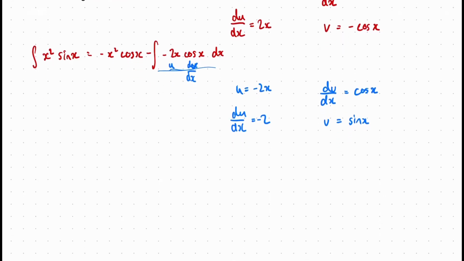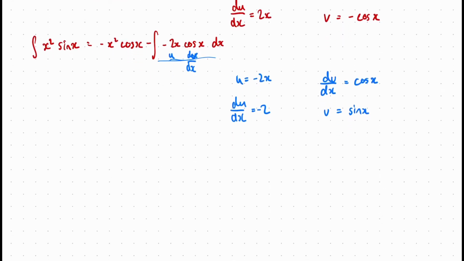So, in one long stream, the integral of x squared sine x is equal to minus x squared cos x, minus my new uv. So uv is minus 2x times sine x, so actually that's going to change to plus 2x sine x, minus the integral of v du dx, which is minus 2 times sine x, so minus 2 sine x.